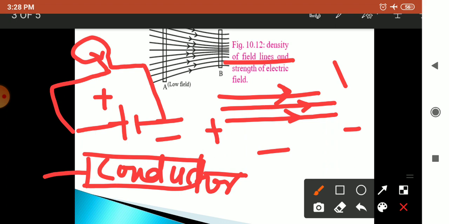Magnitude of the electric field means whatever the value of the electric field is.